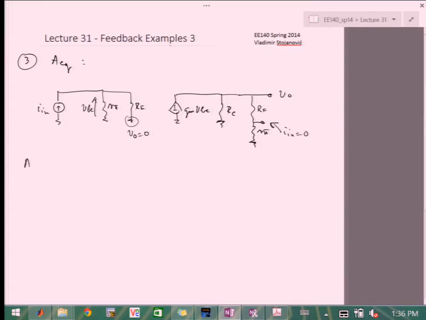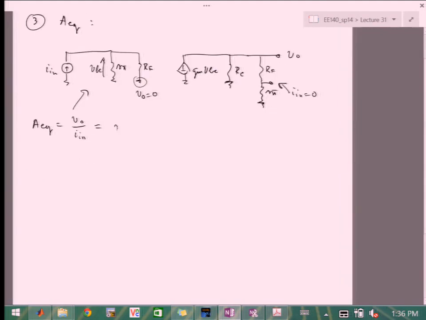So now I can write A equivalent is V out over I in in this scenario above. And so that would be, for the first one, R pi in parallel with RF times GM. So this is the first term.